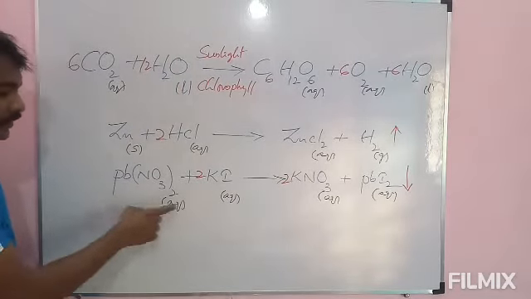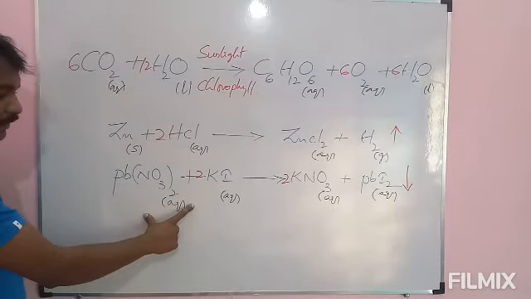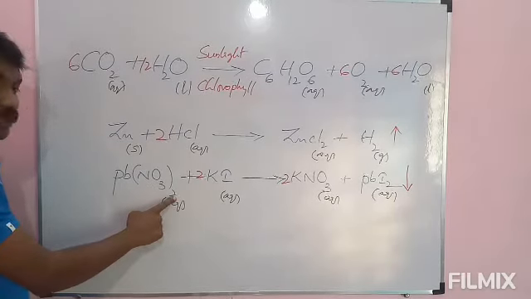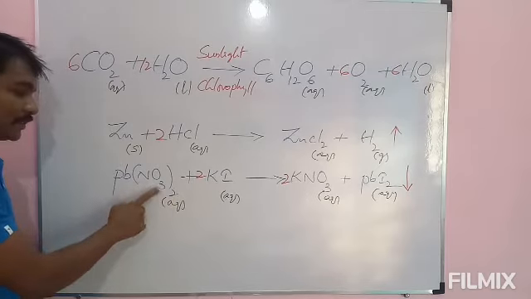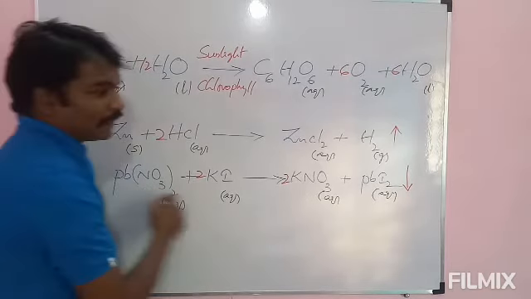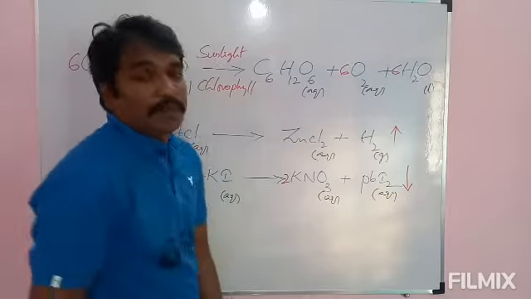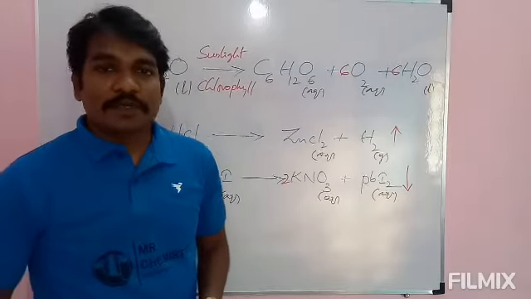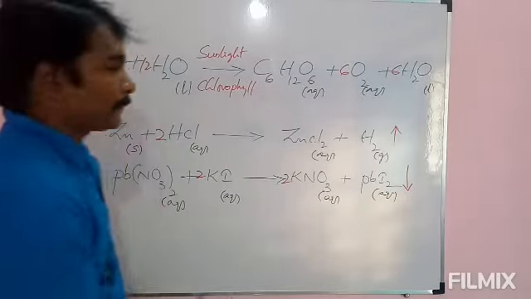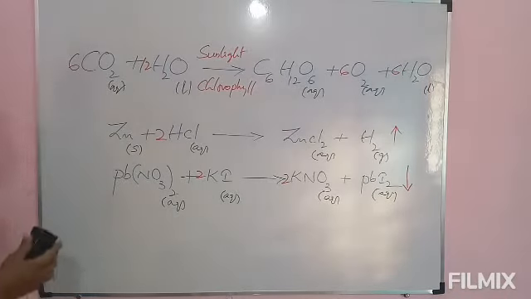Here the new thing is the bracket, in which the number present outside the bracket belongs to both the things present inside the bracket. And one more thing we learned, that insoluble precipitates are represented with a downward arrow mark. Please note down.